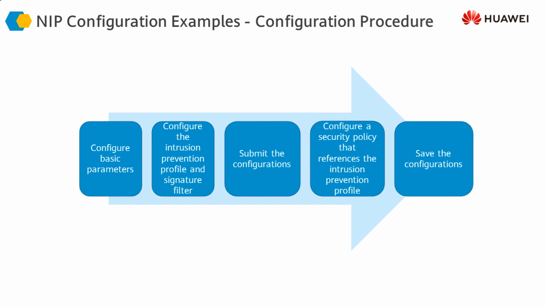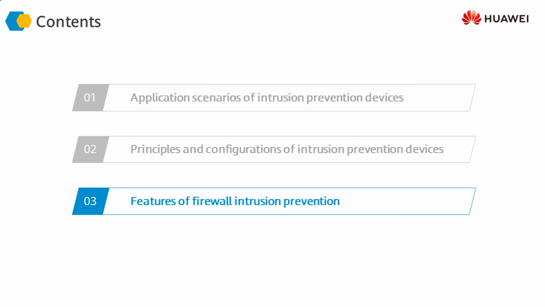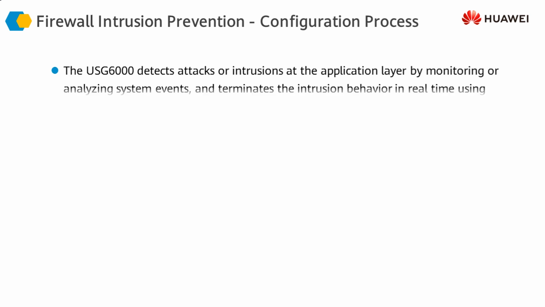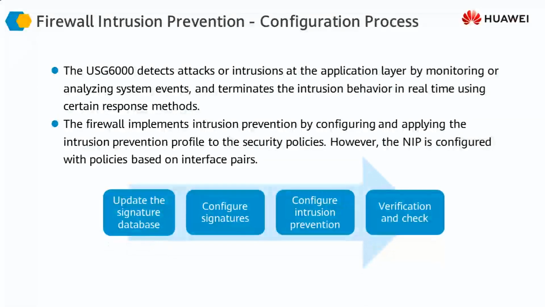Similarly, we can also implement the IPS functionality on the firewall, because the firewall also has IPS features available. If we want to implement IPS functionality on the firewall, this is what we need to do. This is similar to the ordinary IPS configuration, where we update the signature database on the firewall, configure the signatures, configure the intrusion prevention on the firewall, and do the verification and check.